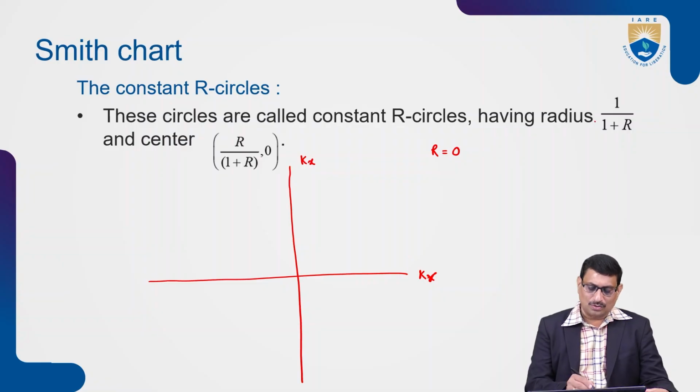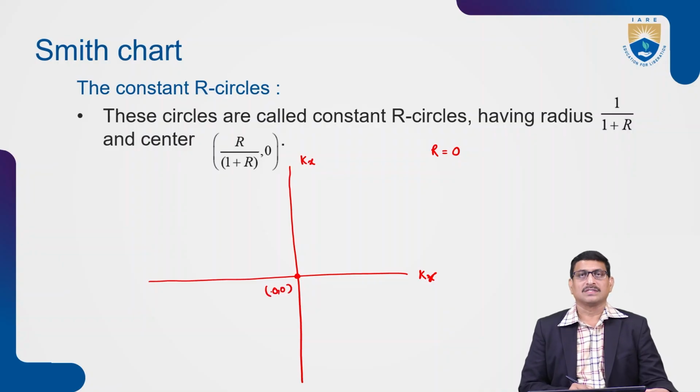Now r is equal to 0. I will draw a circle for this. If r equal to 0, what is the center? The center is at 0 comma 0. And what is the radius? If r equal to 0, the radius is 1.